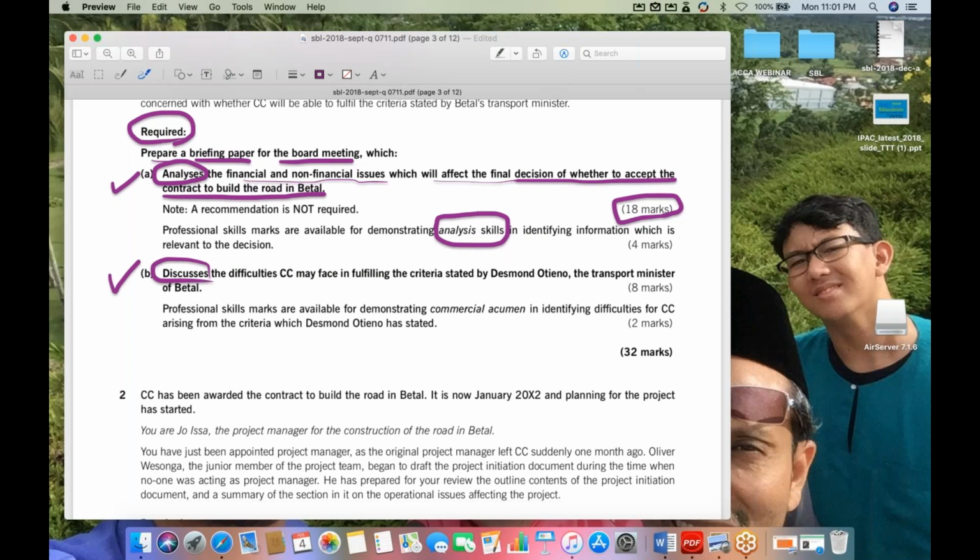So you need to find out what the criteria are. You will only know the criteria after you have read your exhibits. And this one is testing you on commercial acumen.